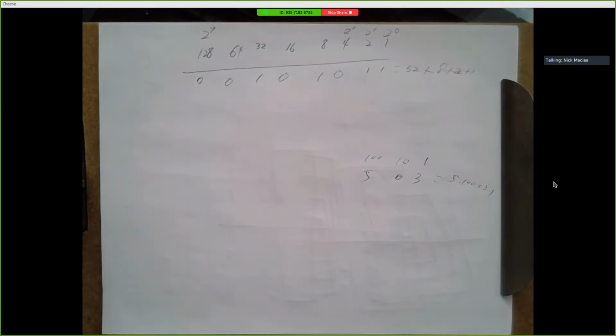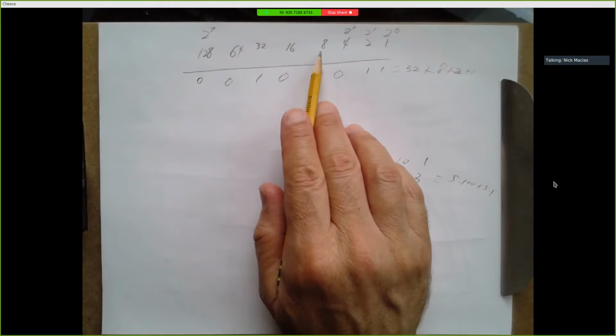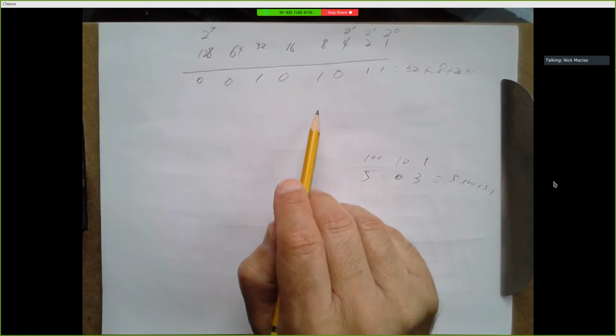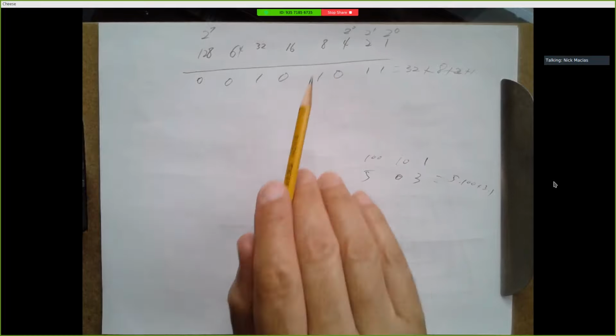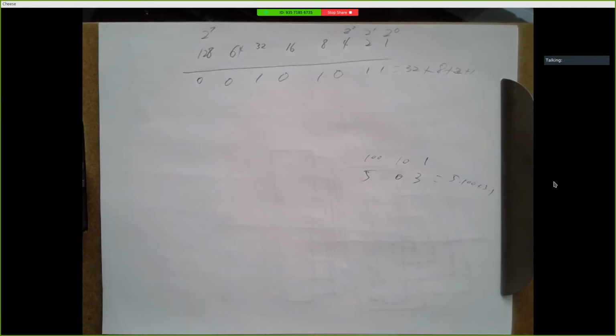In binary it's easier though, because when you multiply something by 1 you just get that number, and when you multiply something by 0 you get a 0. So here we're just adding up the powers of 2. In decimal we're adding up the digit times the corresponding power of 10. The reason that's important to keep in mind is because it means that the things we do to do arithmetic on decimal numbers also work for binary numbers.